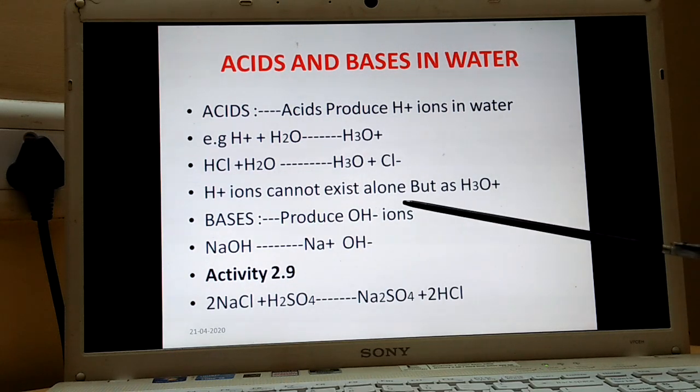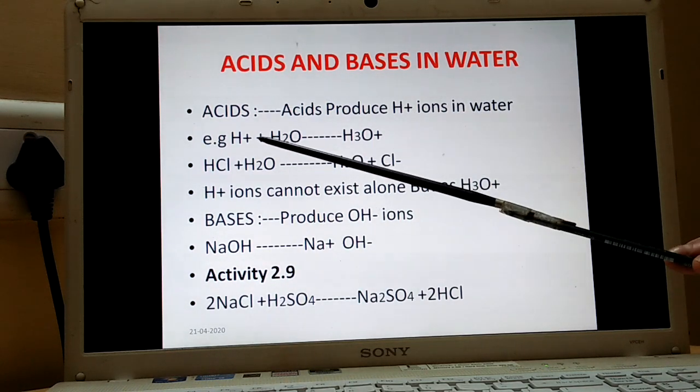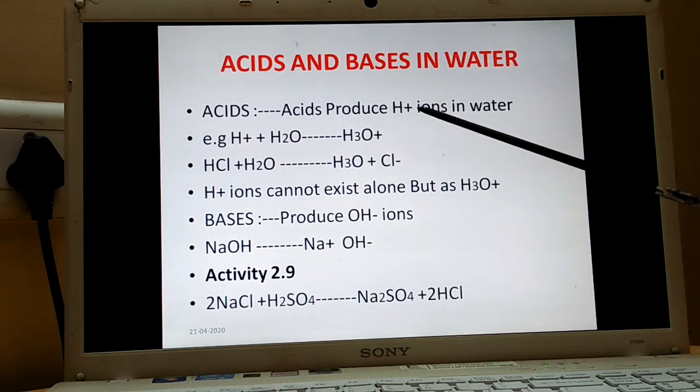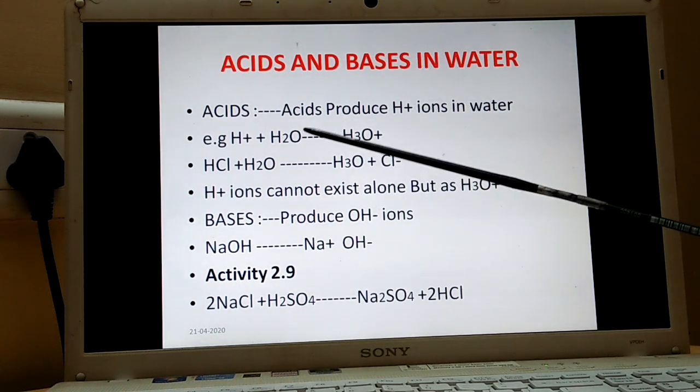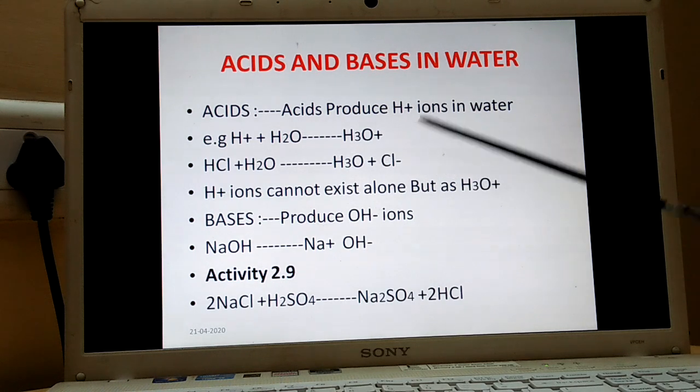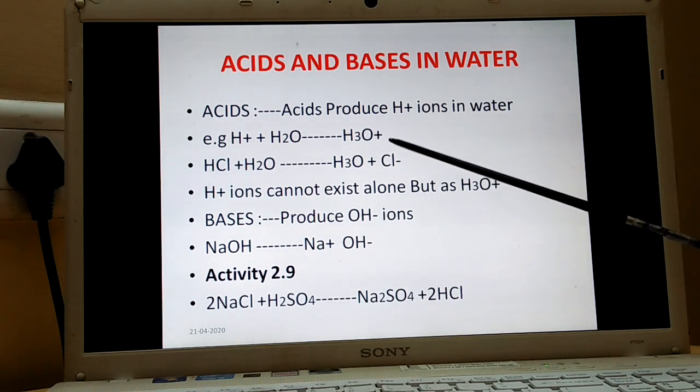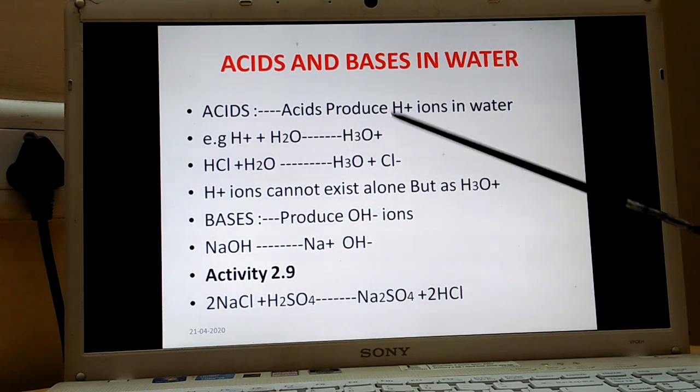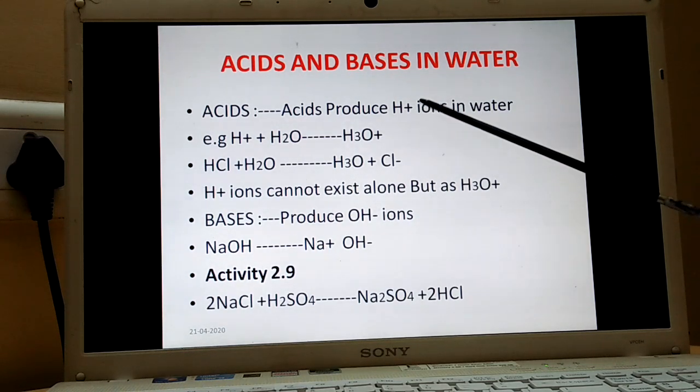Here I have given these two examples. H plus ions are not stable, so they immediately react with another molecule of water to form H3O plus ion. This ion is known as hydronium ion.